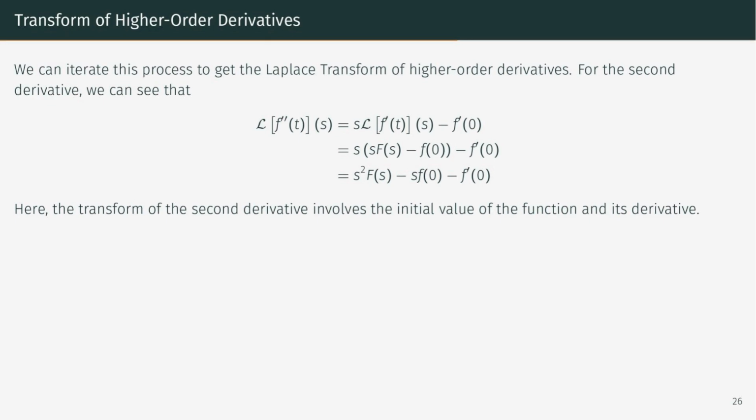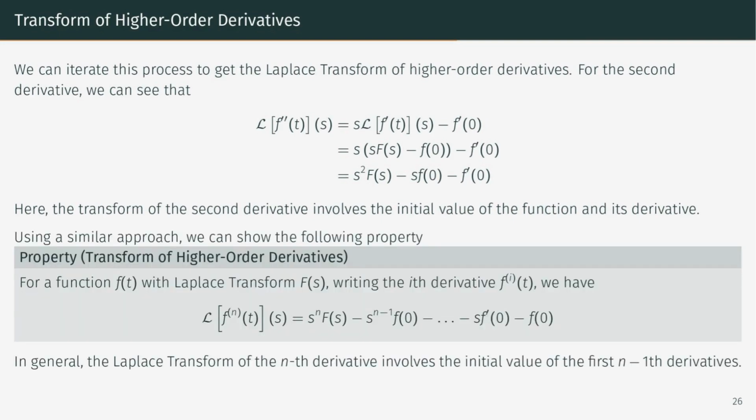Here, the transform of the second derivative involves the initial value of the function and its derivative. Using a very similar approach, we can show the following property for the transform of higher order derivatives.